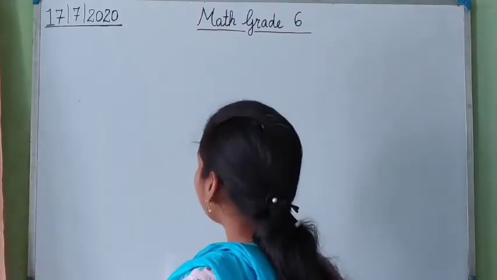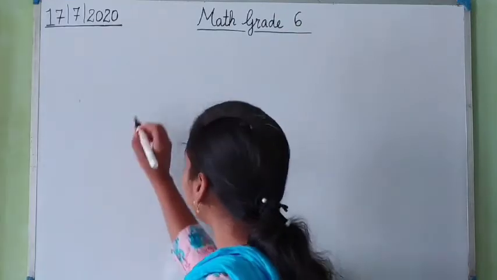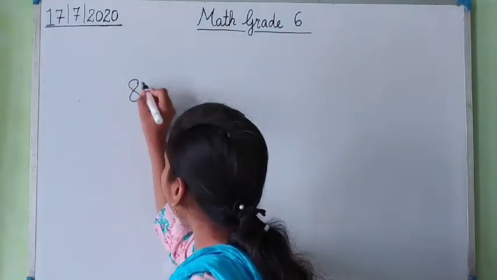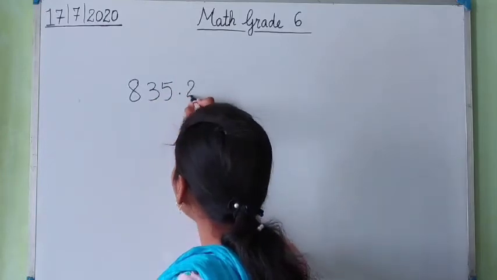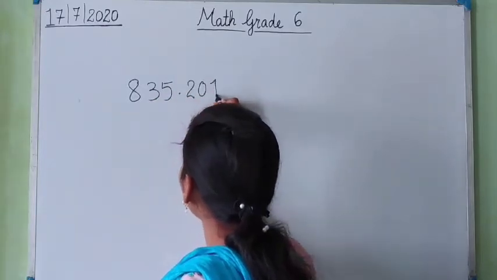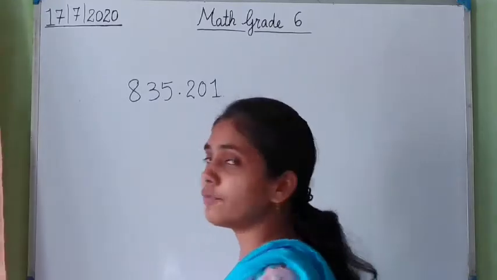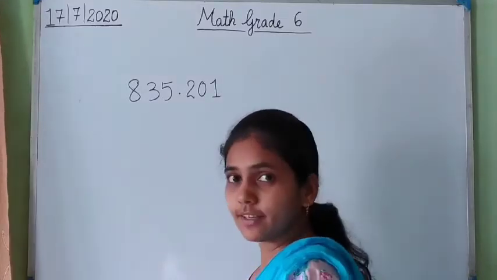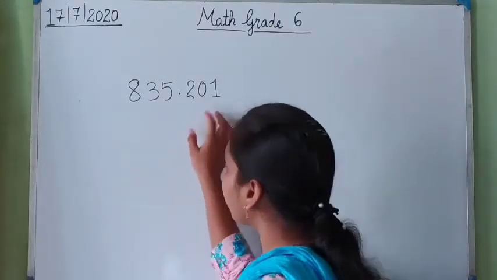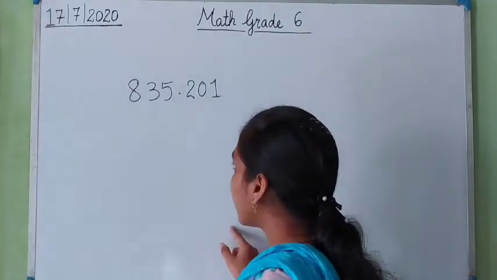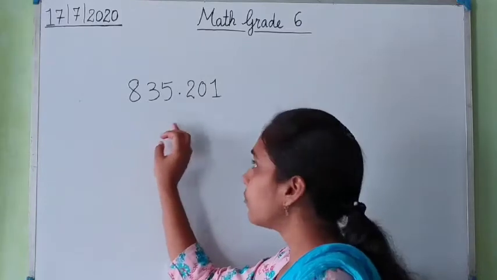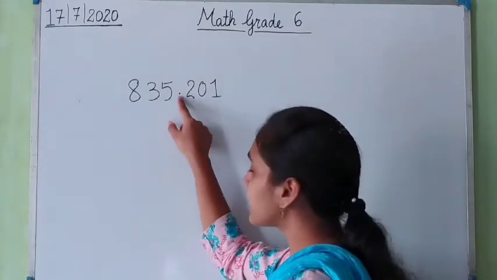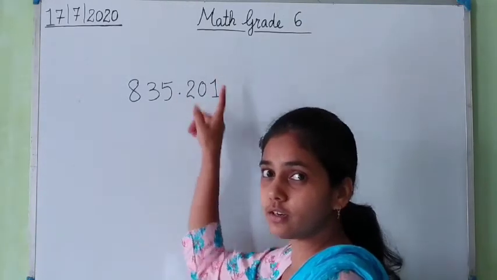So if I take the number 835.201, and I have to multiply this number by 10, keep this in mind: whenever we multiply a decimal number by 10, its decimal point gets shifted towards the right.